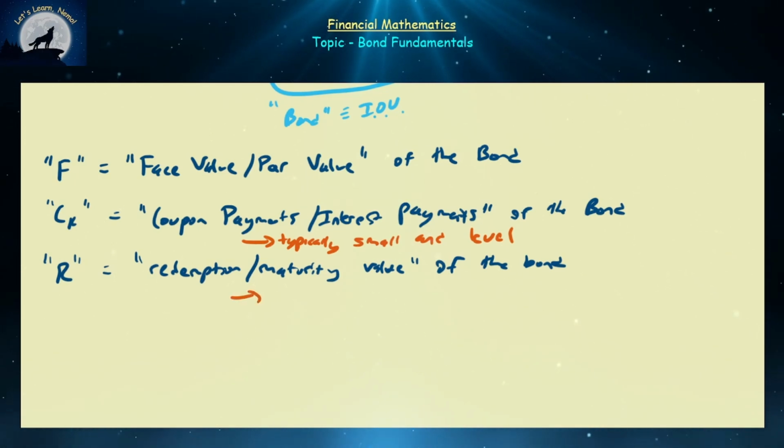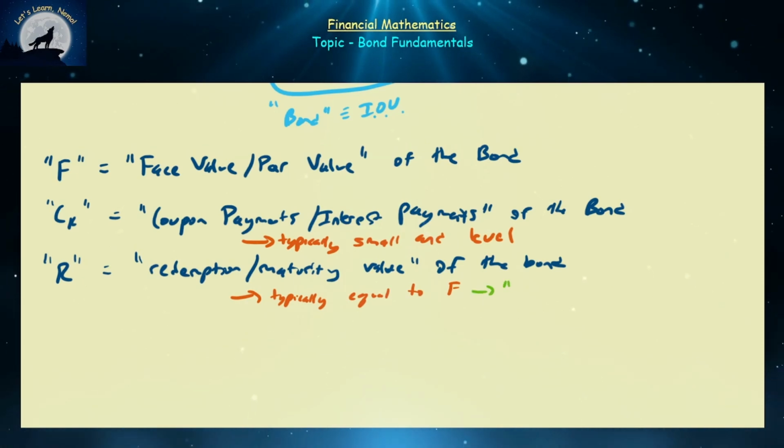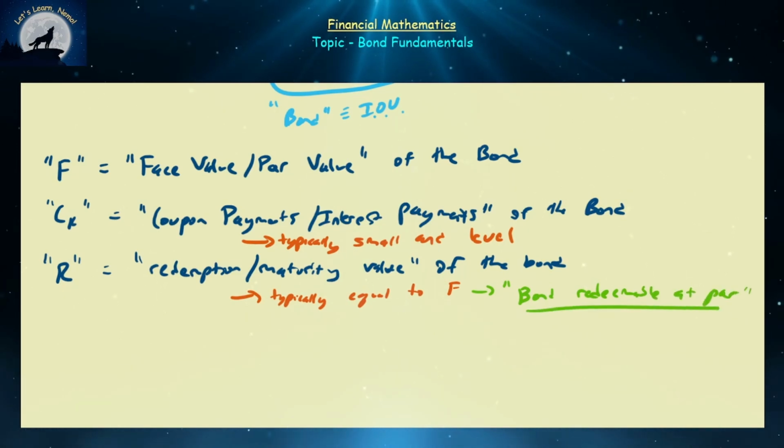And the redemption value is typically equal to F. If R, the redemption value, is equal to F, we usually refer to that as a bond redeemable at par, or a par bond. That is, they're just going to write you a check for the amount of money they borrowed, in addition to paying you this series of coupon or interest payments over some period of time, right?